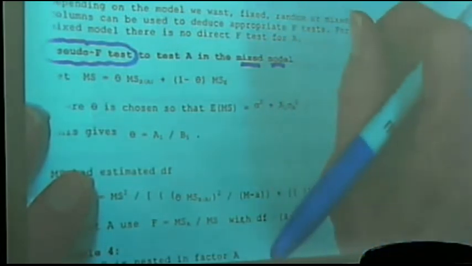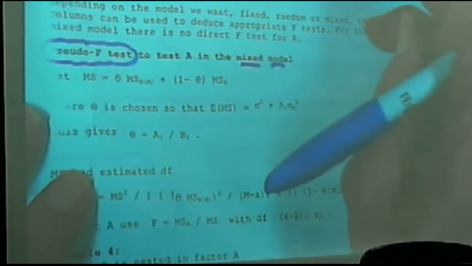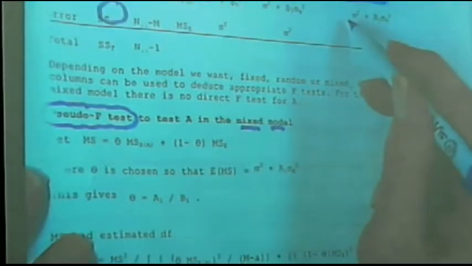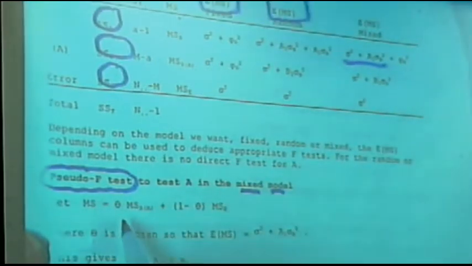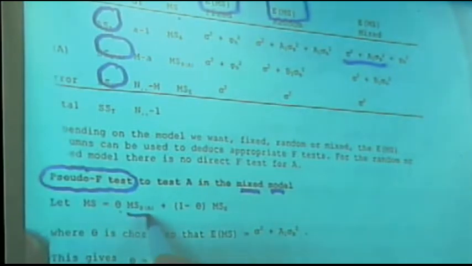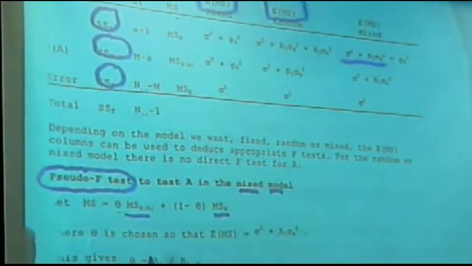So I look at what I have available, and I only have B within A and error to work with. So I say, let's try a linear combination of those two: theta times mean square B within A, plus 1 minus theta times mean square error. Now, set up the parameter theta so that this is equal to what I want.